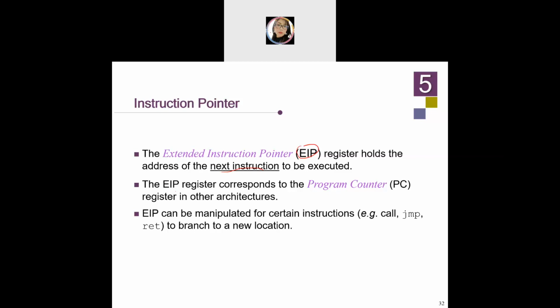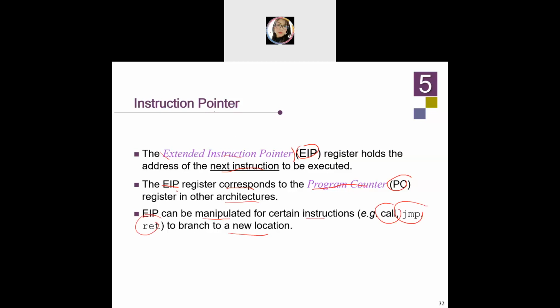So the EIP, short form for extended instruction pointer, corresponds to your program counter just now, which is PC in other architectures, so they have a correlation between each other. EIP can be manipulated for certain instructions, like when you use it for a jump, a call, a return, or a branch to a new location. So that is the use of your pointer.